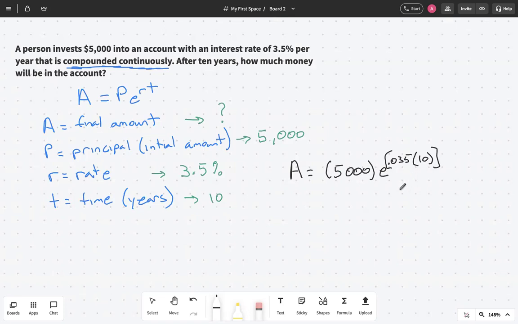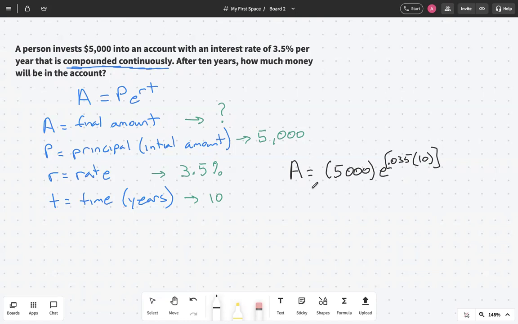So at this point now, all you're going to do is use a calculator. So we're going to plug that into our calculator. We're going to do 0.035 times 10, e to the power of that, times 5,000.